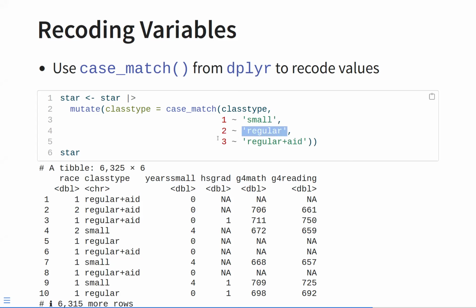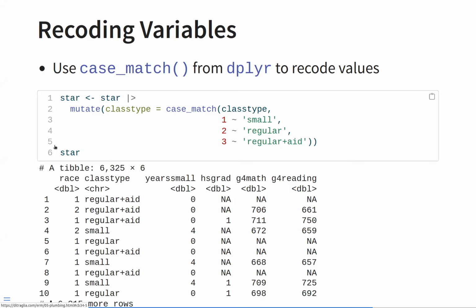And I want to recode a 3 so it becomes the string regular plus aide. And you can see that after I run this command, I'm overwriting my original star data set. So I display it here in line 6, and I get exactly what I want. So I now have a column class type in which the entries actually tell me which type of class it was.